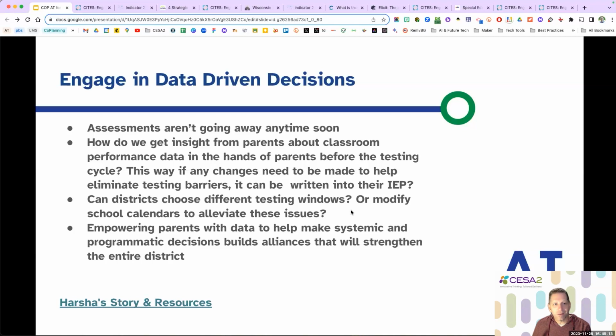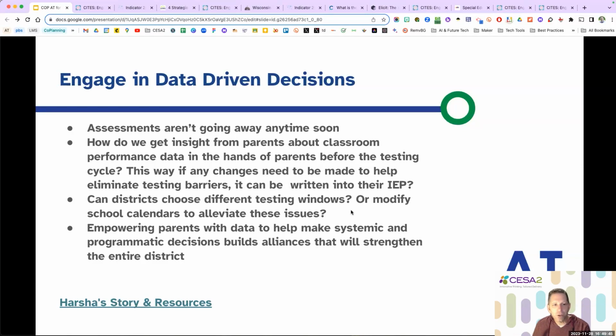So getting back to what Kathy said, engaging parents with data-driven decisions, right? Stacy actually added something here. I mentioned that assessments aren't going away anytime soon. As much as I don't like standardized testing and certain types of assessment, how do we get insight from parents about performance data in the hands of the parents before the testing cycle?